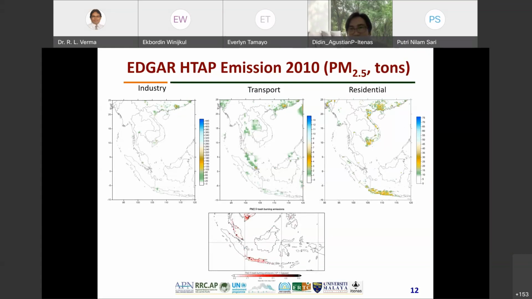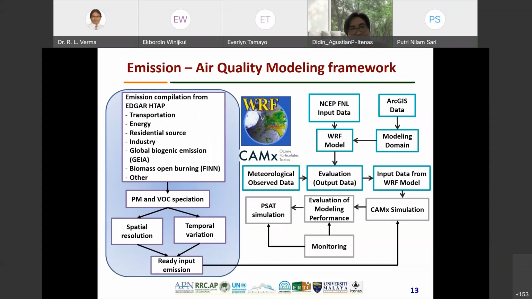So as a beginning, when you don't have the emission inventory data, you may want to get the existing global data sets. And then, of course, the emission data can be the crucial input for air quality modeling applications.